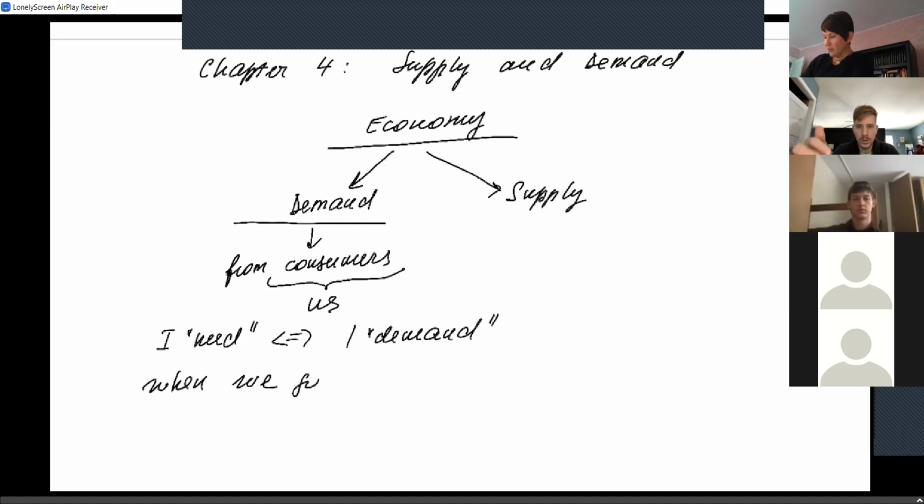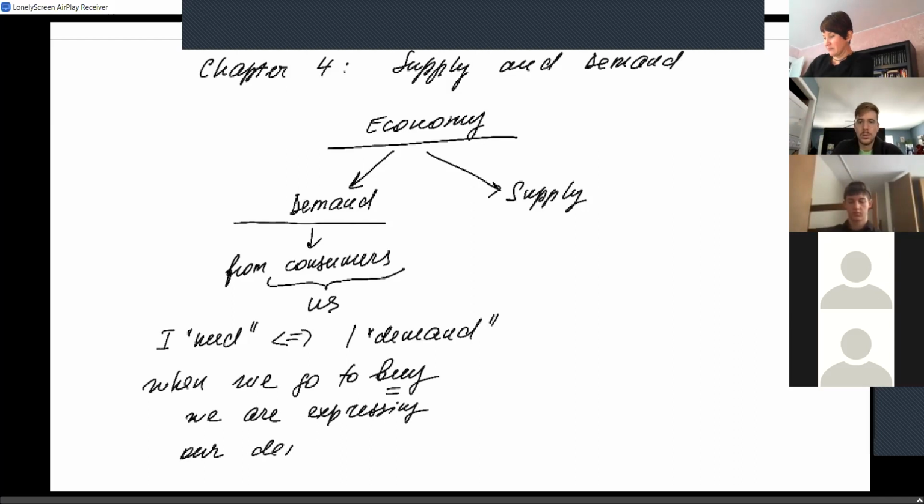When we go to buy things that we need, we are expressing our demand for goods and services.